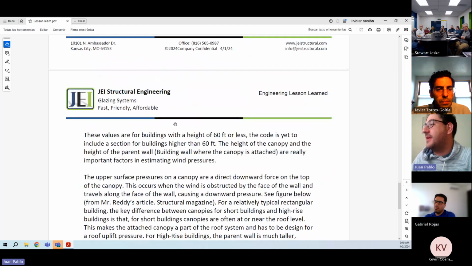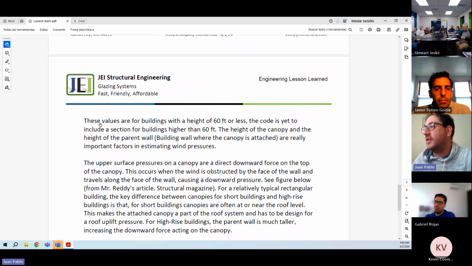From the article that I mentioned before, we can see that these values shown in ASCE 7-16 are for buildings with a height of 60 feet or less. The code is yet to include a section for buildings higher than 60 feet. The height of the canopy and the height of the parapet wall, that is the wall that the canopy is attached to, are really important factors for estimating wind pressures.